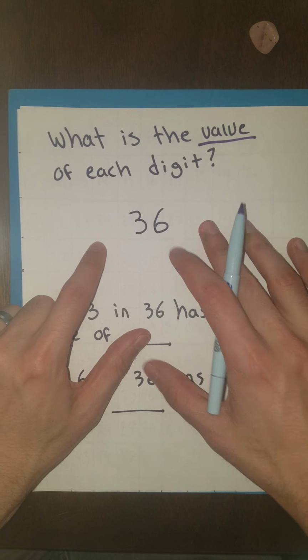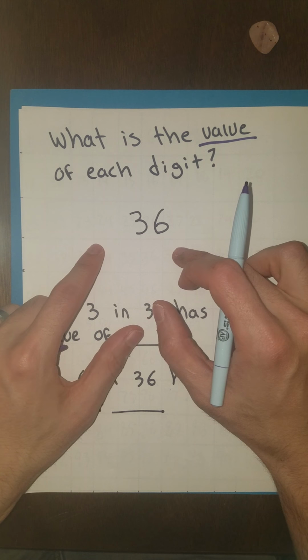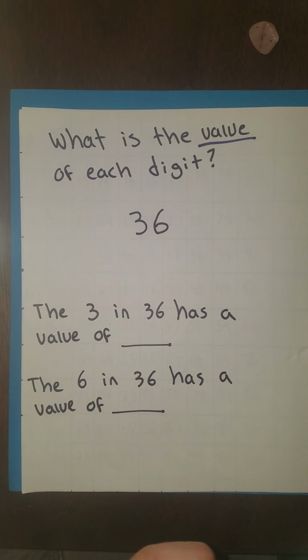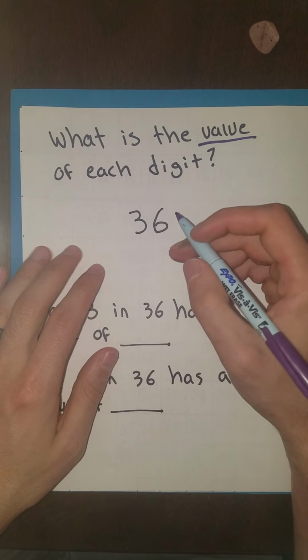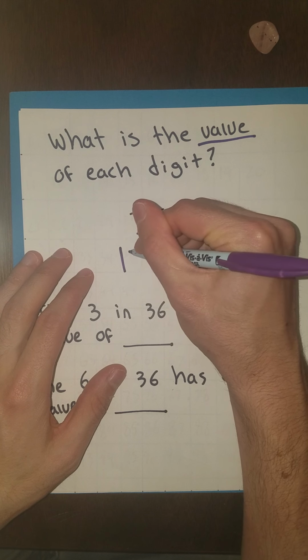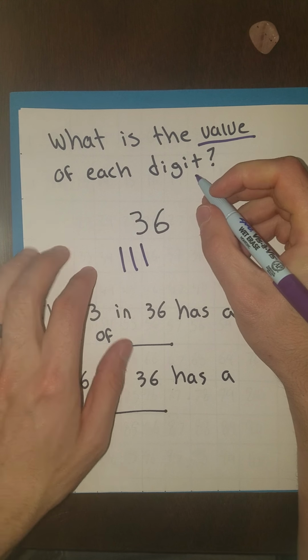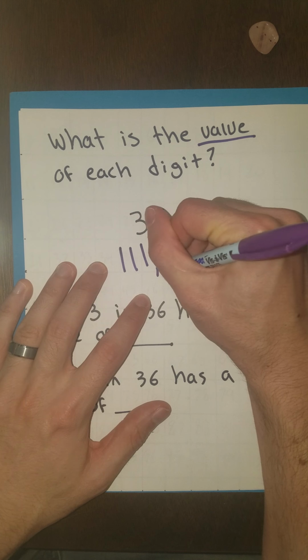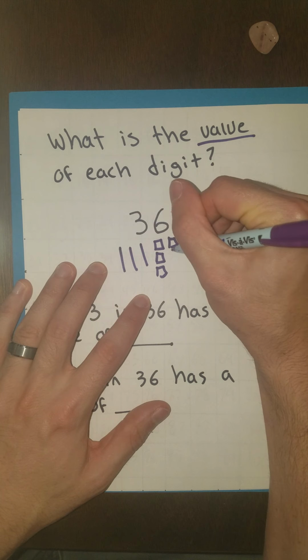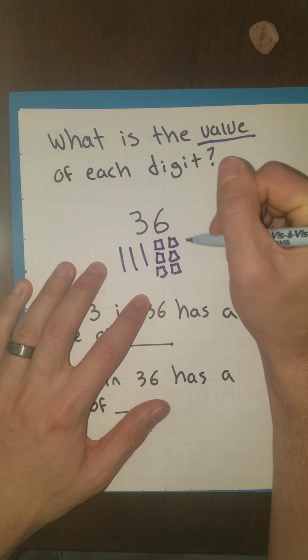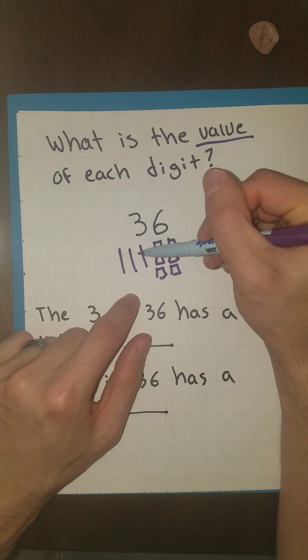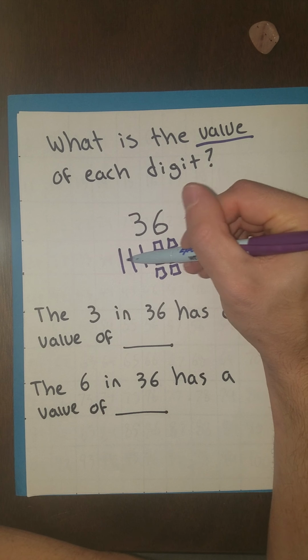And one way that we can show this is by drawing the number in place value. So if I were to draw the number 36 in place value, I would first draw my tens, 10, 20, 30, and then I would draw my ones, 31, 32, 33, 34, 35, 36. Now, what told me that I had to draw 3 tens?